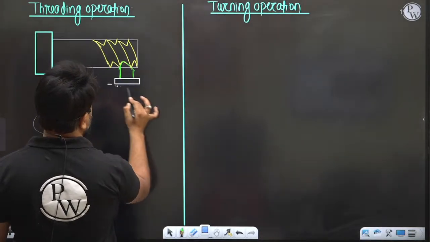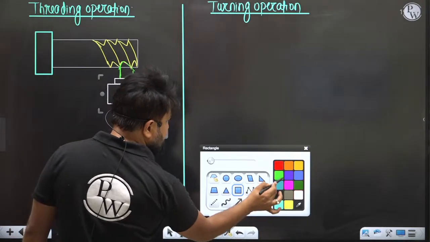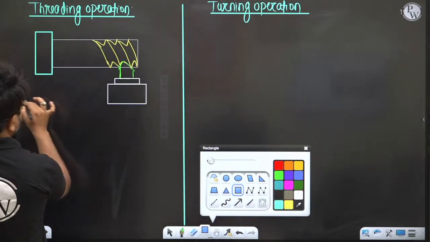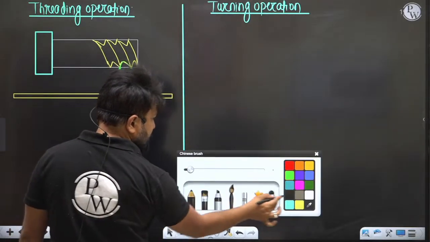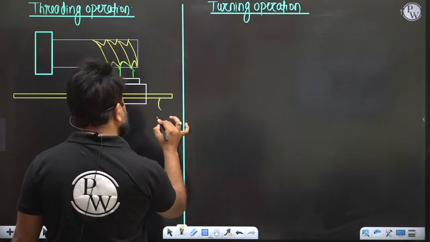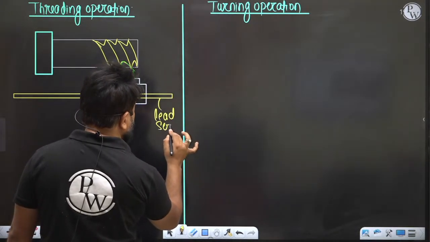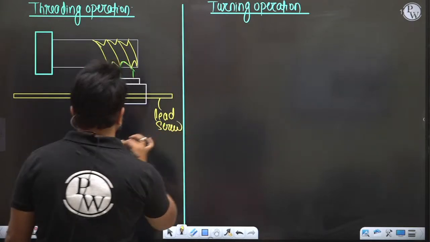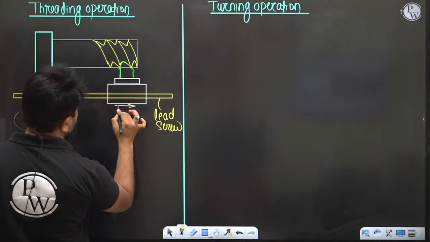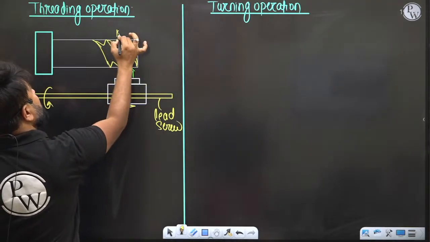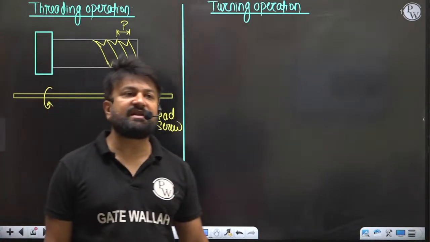That tool post is mounted on the carriage, and there will be a lead screw. Now when the lead screw rotates, the carriage will do linear motion, and the desired pitch is produced on the workpiece.